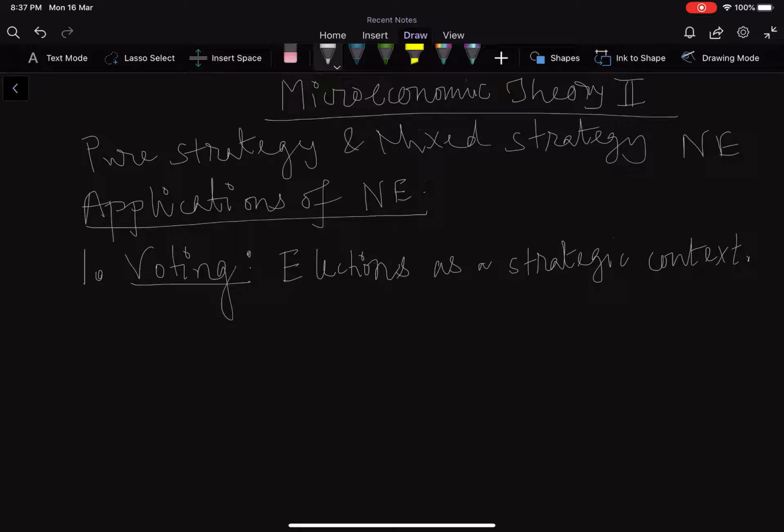So if you want to attract votes from the opponent's voters towards your side, you may have to react to what the opponent is announcing by changing your own policy. Okay, so in that sense, it's a game theoretic context. So let's try to sort of formalize this idea.